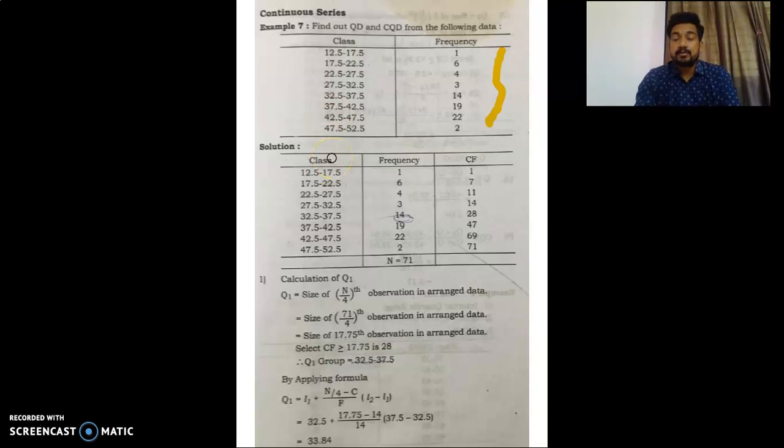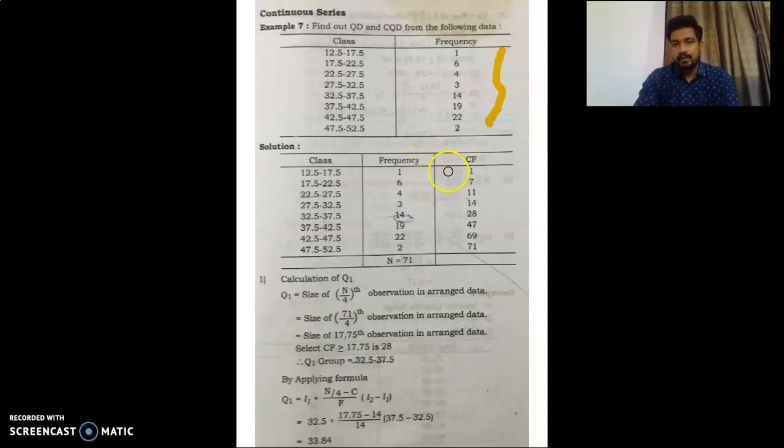We have to prepare three columns in the table: the class, the original frequency, and a new frequency, that is the cumulative frequency. We write the classes as they are, with the lowest limit 12.5 and the largest limit 52.5. Frequency as it is.